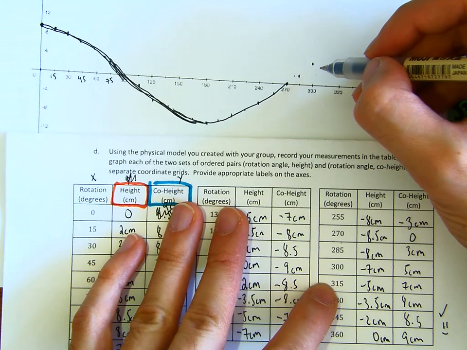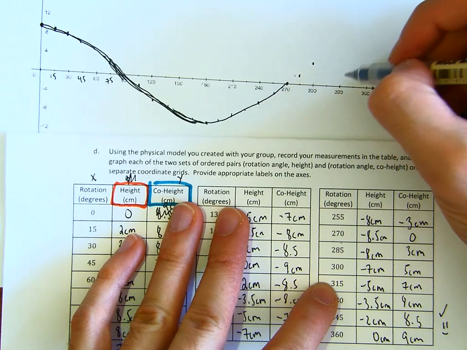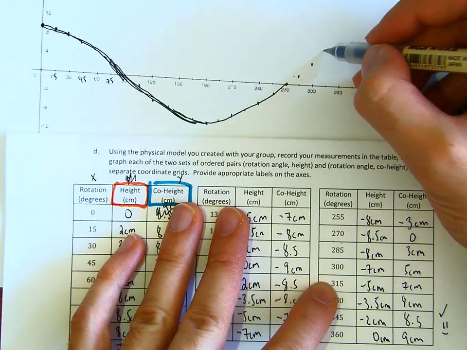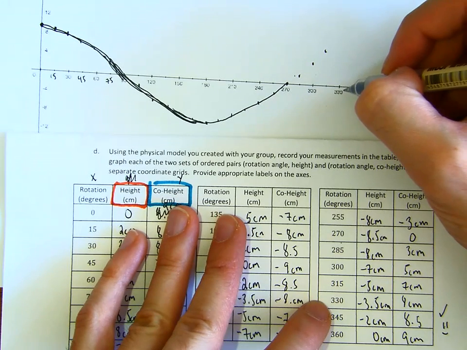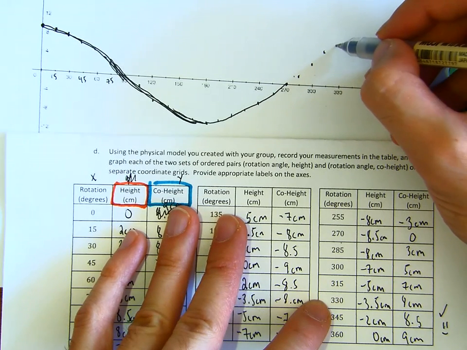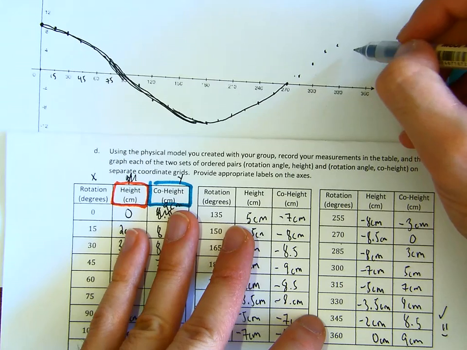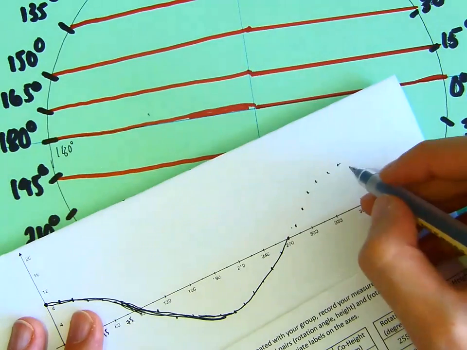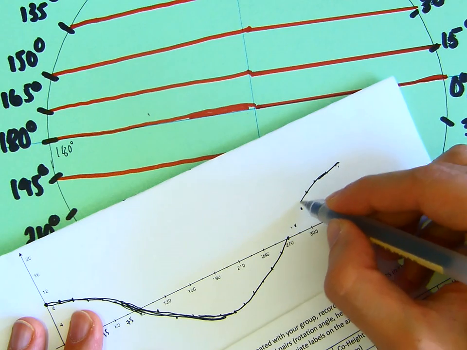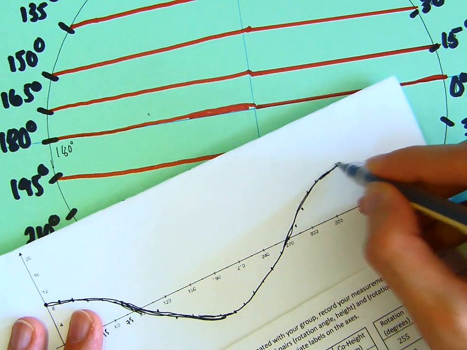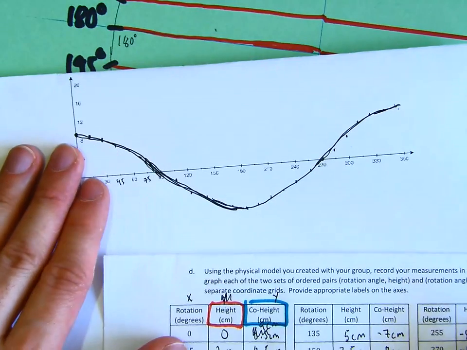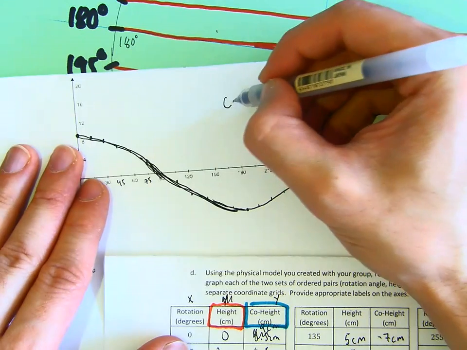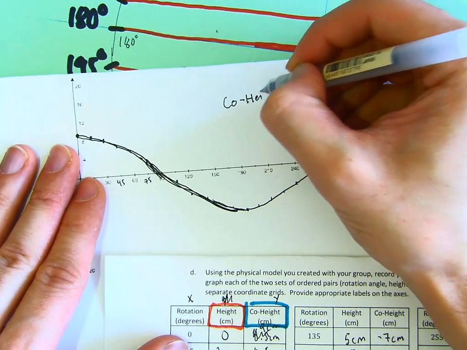At 315, it's 7. At 330, it's 8. At 345, it's 8.5, and here. Okay. And then the graph should look something like this. And that's good. And this is exactly what the visual should be.